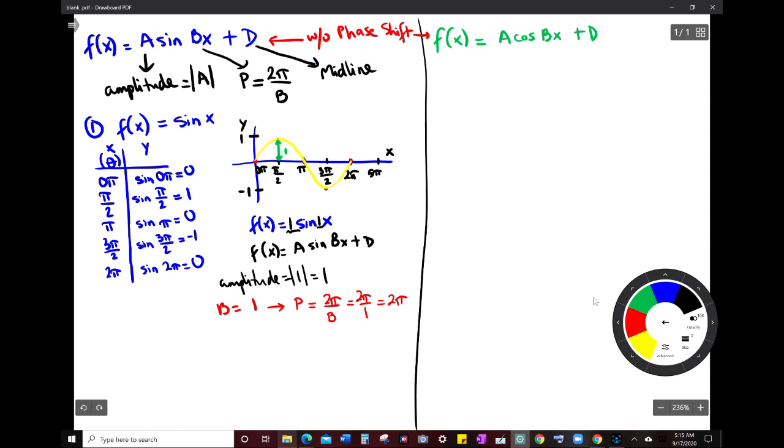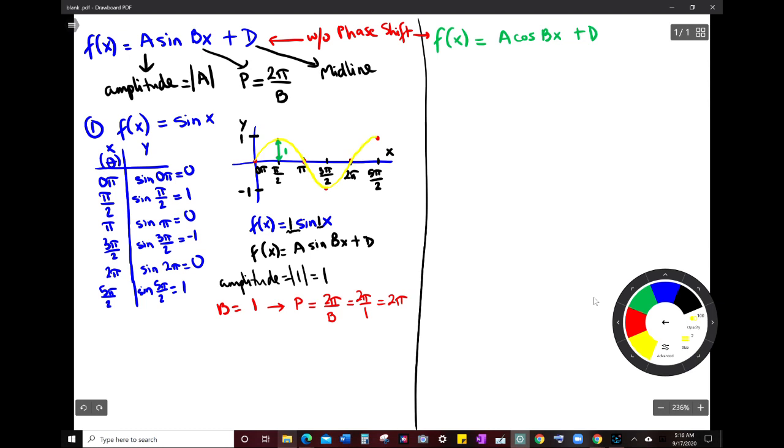So 5 pi over 2, and if I do that on the table, 5 pi over 2, I plug it in, sine of 5 pi over 2 also gives me 1. So I go back here, I get this one, and extend my graph here.